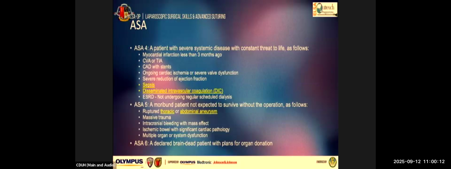These are those with recent MI less than 3 months, sepsis, DIC. So these are very critical patients. ASA 5 are those patients who are very moribund, and they need to undergo the surgery no matter what. They will die if they don't. And ASA 6 are those brain dead who are candidates for organ donation.